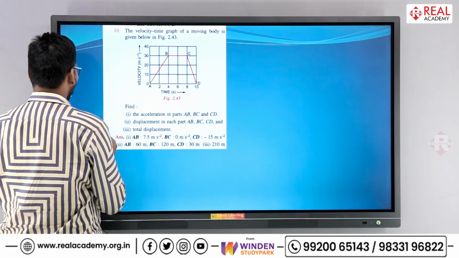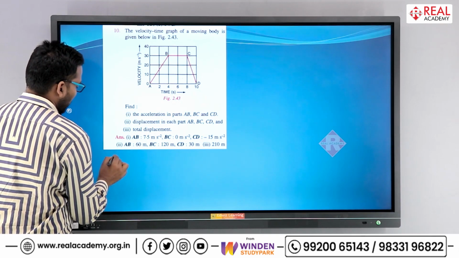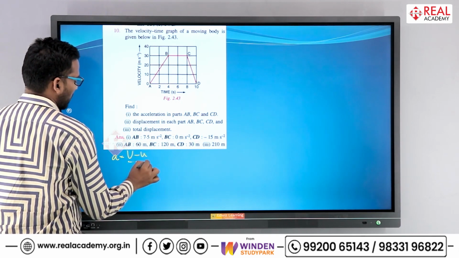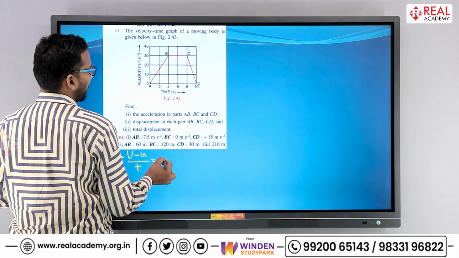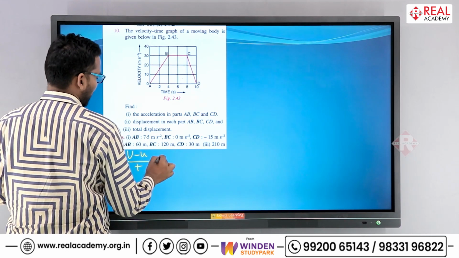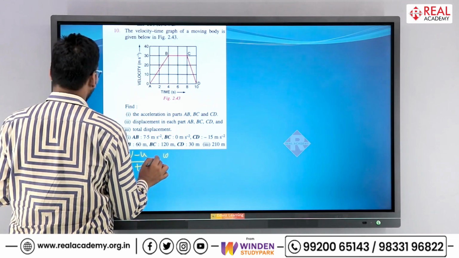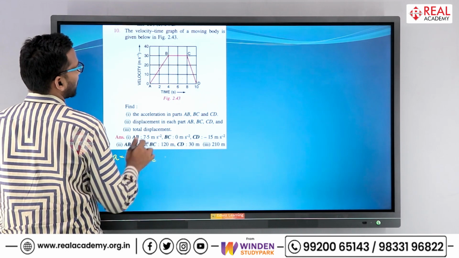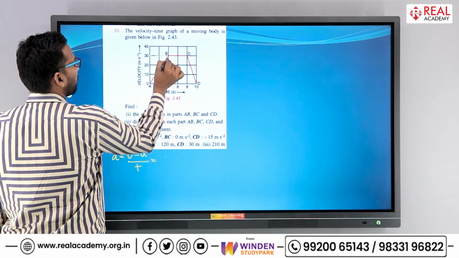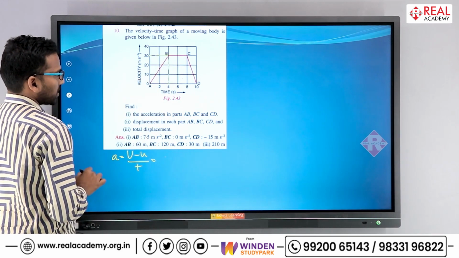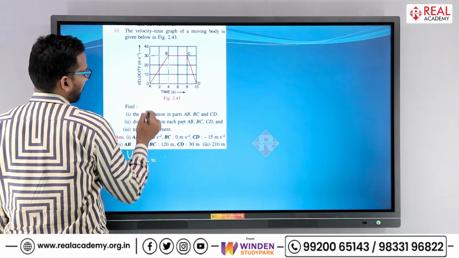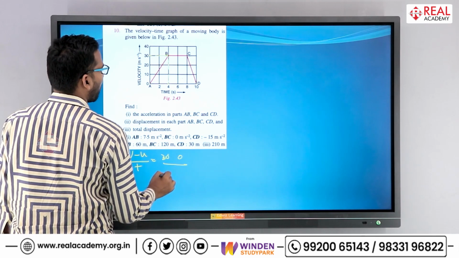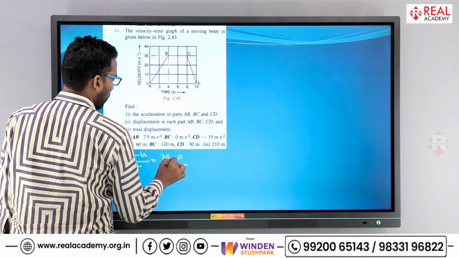Okay, the acceleration in part. Chalo, let us try to analyze acceleration. We all know the formula for acceleration: final velocity minus initial velocity upon time. Final velocity is 30 from this graph. For OAB, final velocity is 30 minus initial velocity is 0 upon total time is 4.